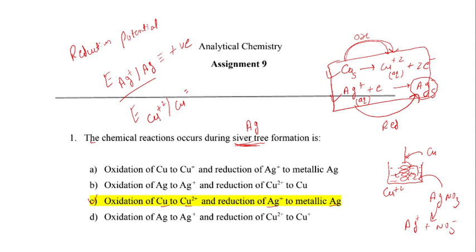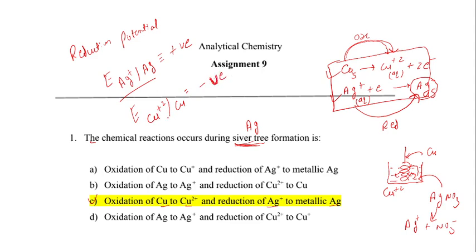To convert Cu2+ to copper is not a spontaneous reaction, meaning it will not occur automatically. You need to give some external energy so that Cu2+ can convert to copper. That's why the reduction potential will be negative.